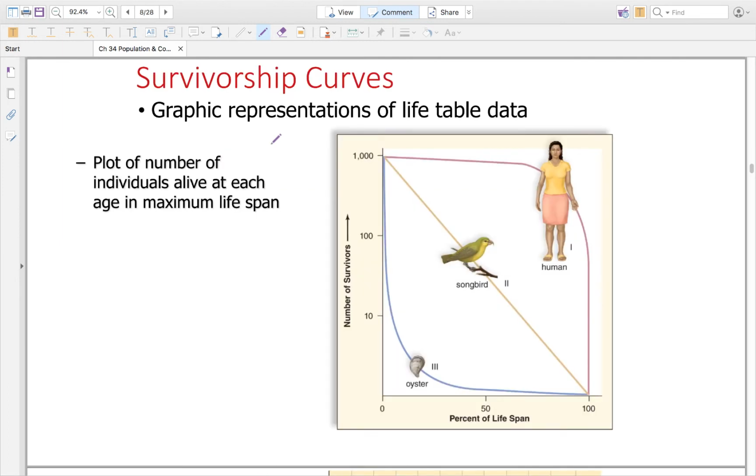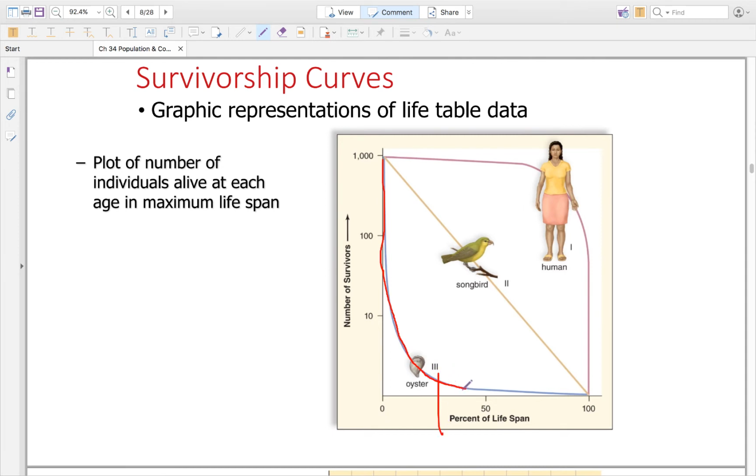All right, there's other curves that are looked at. This is called the survivorship curve. It represents the lifespan of an organism. Some organisms die quickly. They don't live a long time. In our example here, let's say they start at 1,000, and they drop drastically, and they don't live past a certain age.